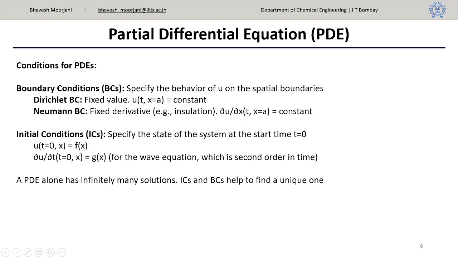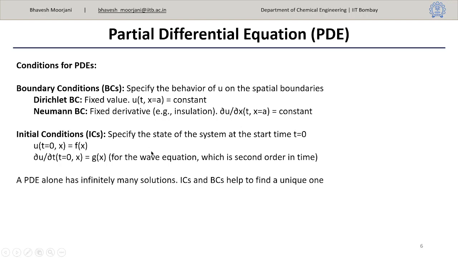Initial condition will specify your starting point in your equation. Generally for all the PDEs which involve time, you will have some initial condition. And boundary condition obviously will give you the extreme boundary values.